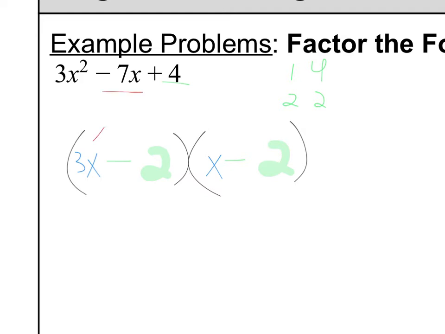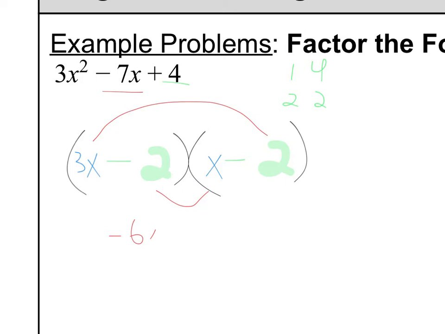So if I did 3x times negative 2x, that would be negative 6x. And then negative 2 times x is negative 2x. So negative 6x and negative 2x, well, bummer, that's not negative 7x. All right, so that's not going to be our winning combo. Let's go back to the drawing board then.